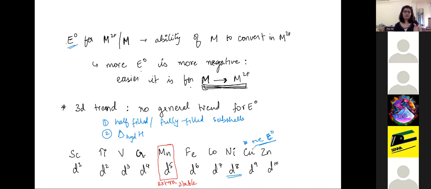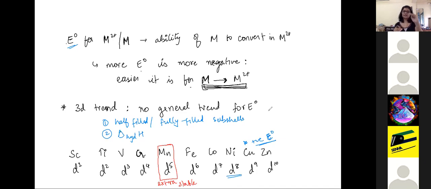Wherever you have an H+ ion, that's taken as the reference point, right? So the standard electrode potential of hydrogen is always considered as 0. If you have a negative electrode potential for a particular metal, that's less than hydrogen, and so it can displace hydrogen.